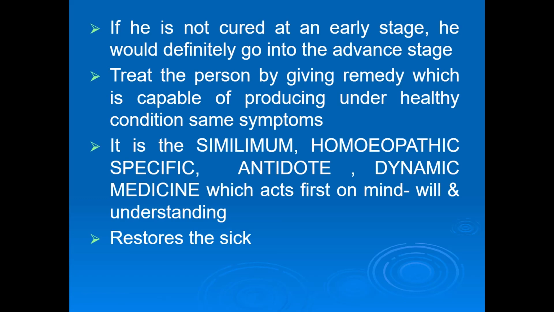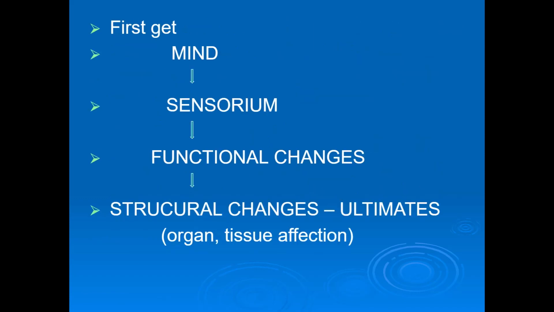Homeopathy restores the sick. So let's understand the reaction. First, the mind is affected with his sensorium, that is his feelings, his emotions. So there is faulty willing and thinking, or there are predominant emotions. This leads to functional changes, which further lead to structural changes.